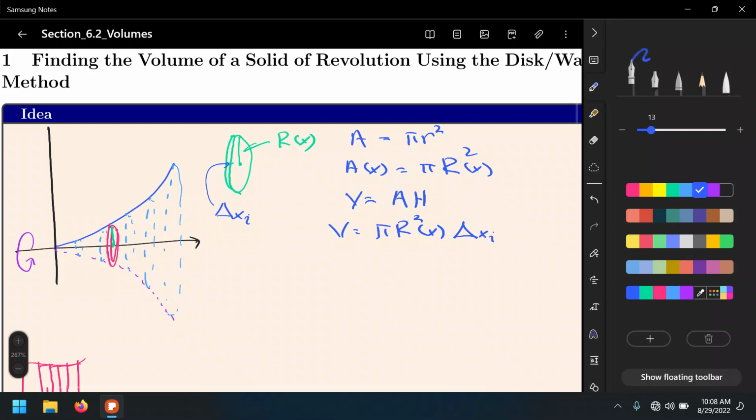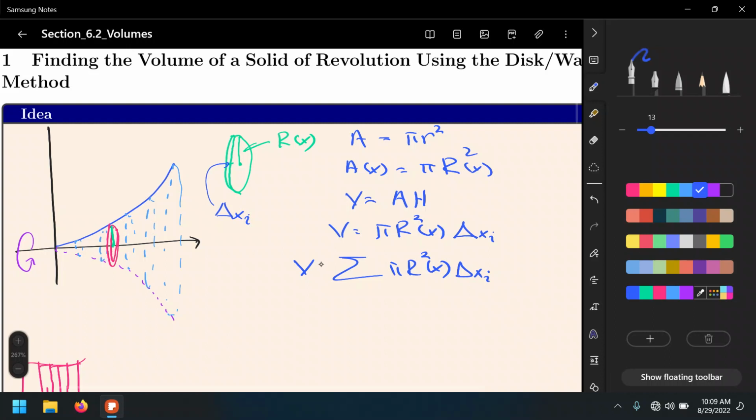All right. Well, of course, we can find the total volume, let's say from a to b, by adding those volumes of every single partition. Of course, in this case, we would be adding infinitely many of them. Well, actually, this is not equal.